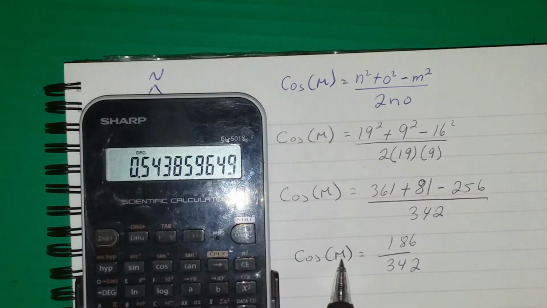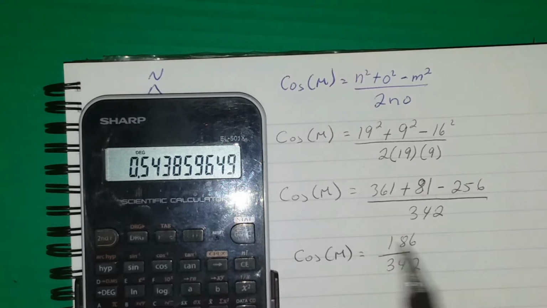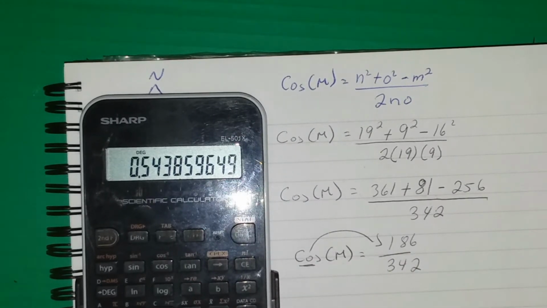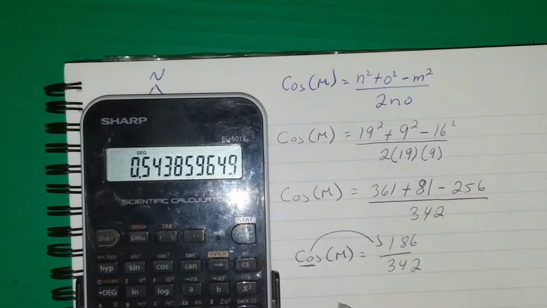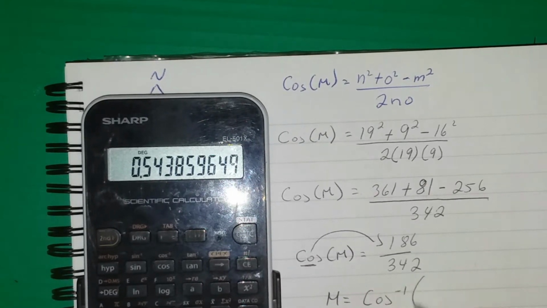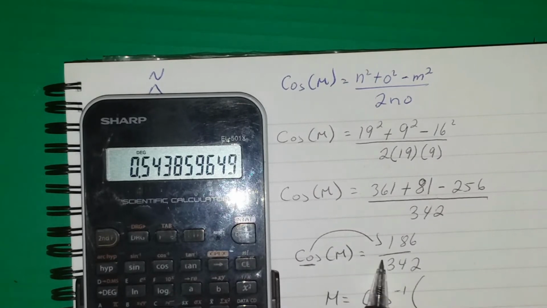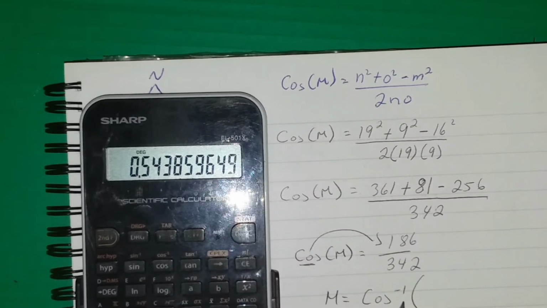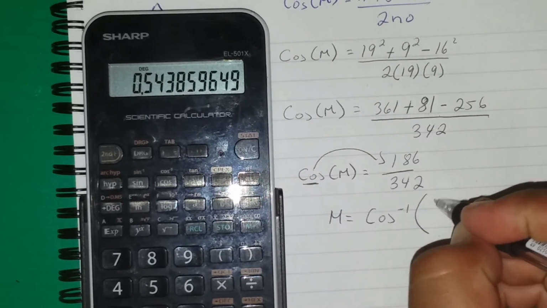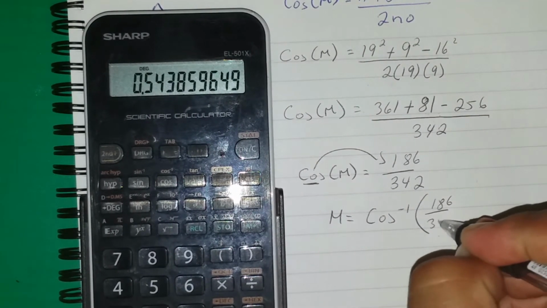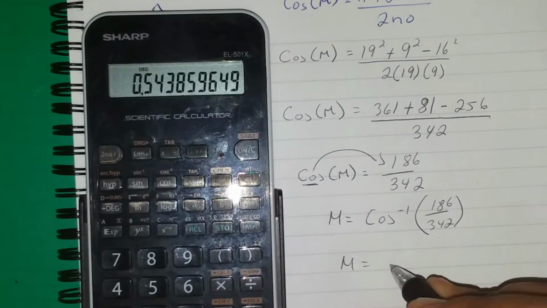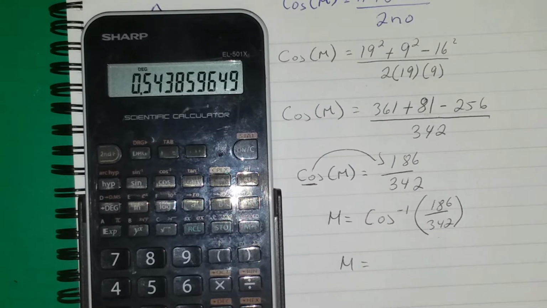I am solving for m and not cosine of m. So I'll take this cosine to the other side. So remember that piece there. So m equals the arc cosine. Remember that if you put the cosine to the other side, then just remember to add in this little negative one here at the top. So that's going to be arc cosine of 186 divided by 342, close bracket.